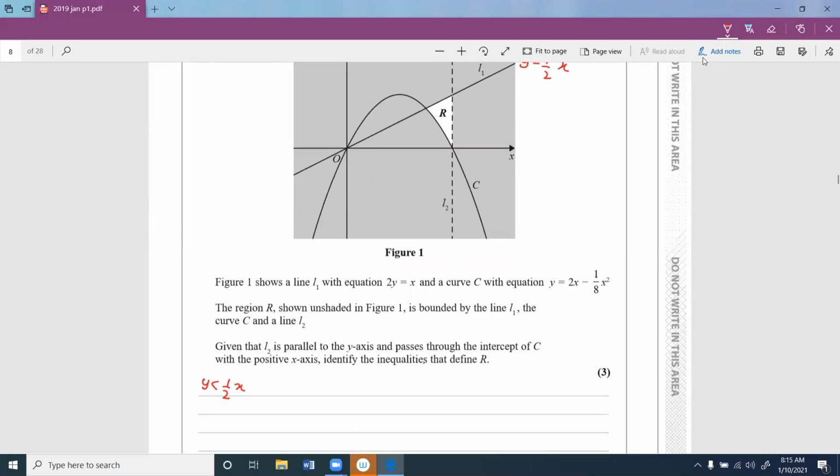This region is above this curve as well. From this curve, the inside region is this bit, but the region mentioned here is above that. Therefore, you can say y is greater than 2x minus 1 over 8 x squared. This is the first inequality, and this is the second inequality.